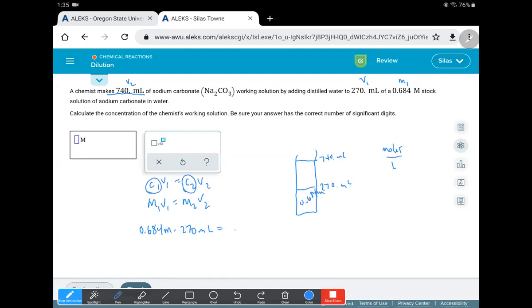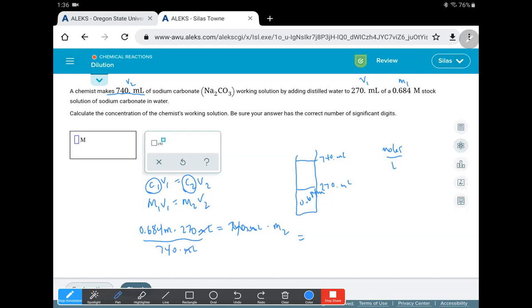So that equals 740 milliliters times M2. So to solve for M2, I'm going to divide both sides by 740. And so I'm going to do 0.684 times 270 divided by 740. You'll see my milliliters cancel and I'm left with molarity.